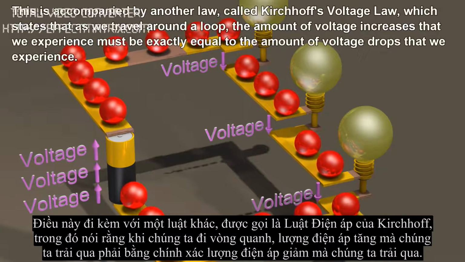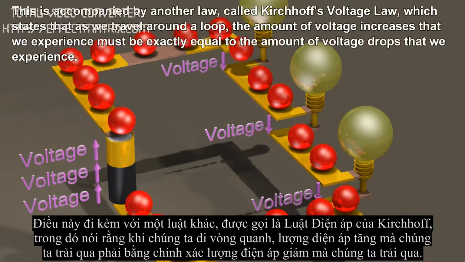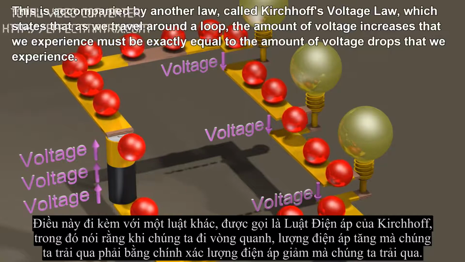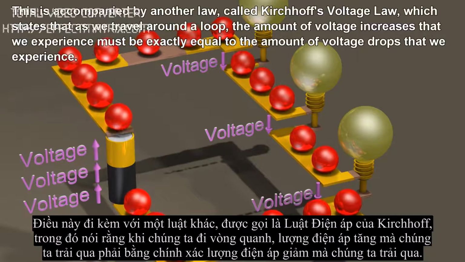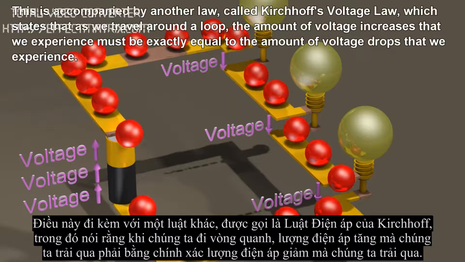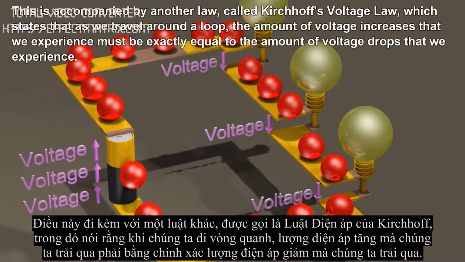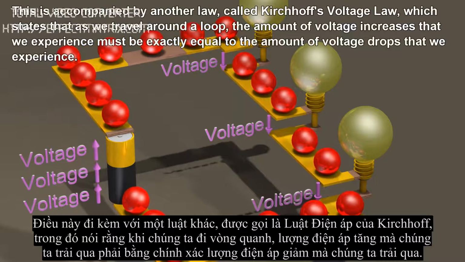This is accompanied by another law called Kirchhoff's voltage law, which states that as we travel around a loop, the amount of voltage increases that we experience must be exactly equal to the amount of voltage drops that we experience.